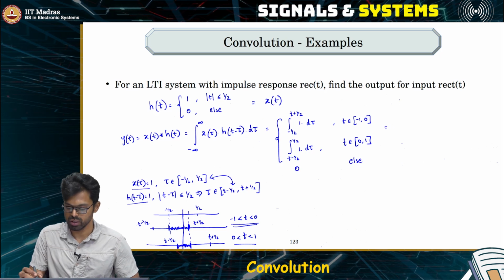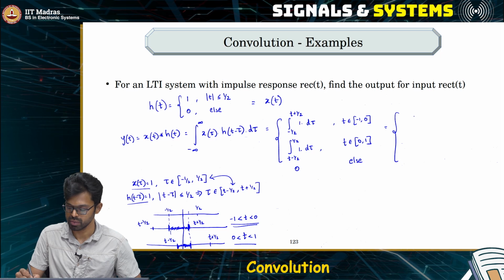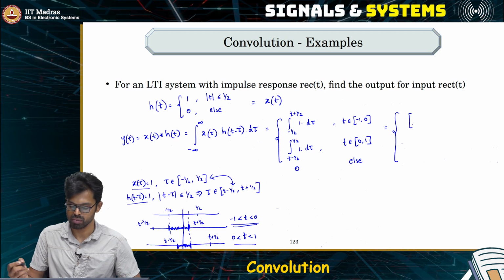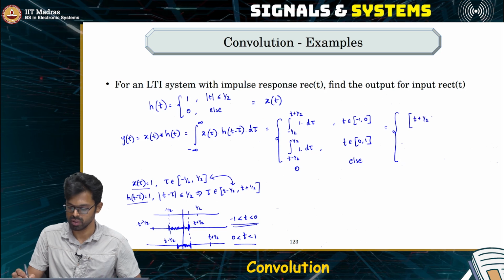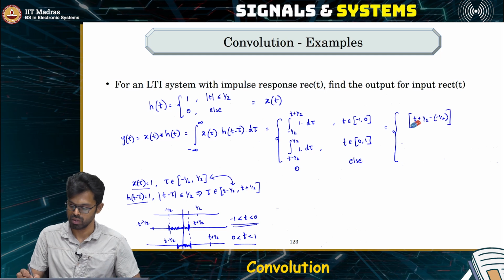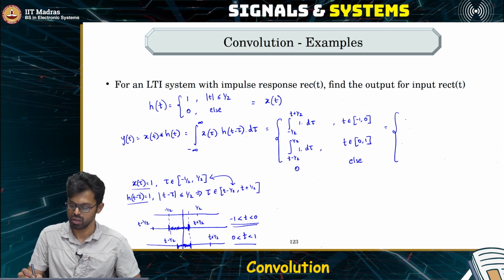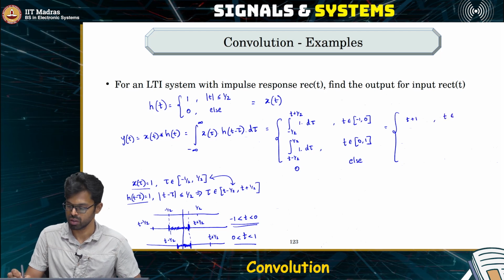So if you evaluate this integral, we get t plus half minus minus half, which is t plus 1.